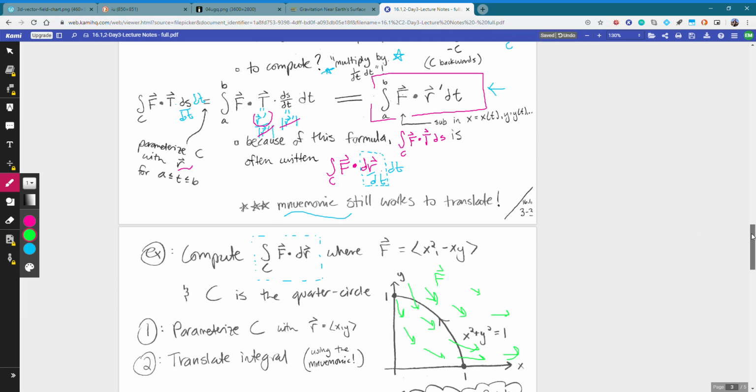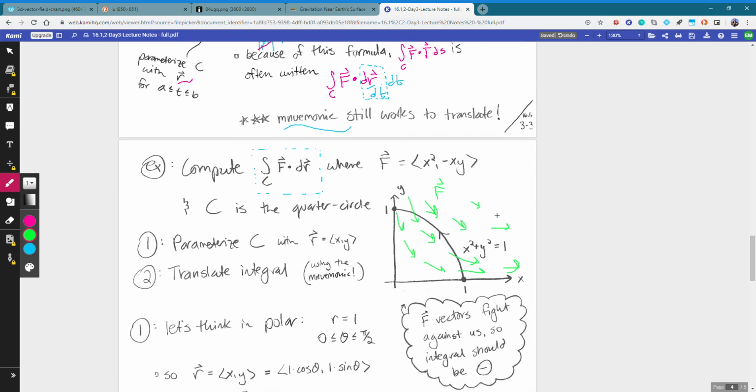And one note I want to make right away is that because of this picture, if you trust me, then we can at least feel out the sign that we're expecting for the value of this line integral. Specifically, notice that as we move along this circle from the bottom to the top, these green vectors are mostly pushing against us.